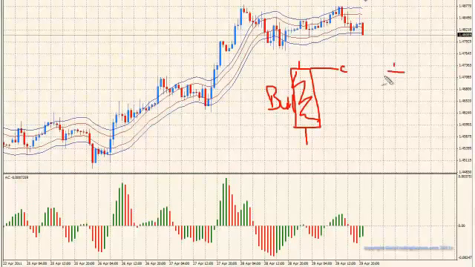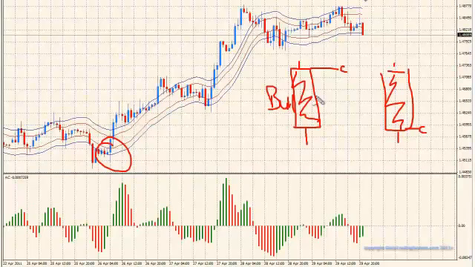If you had a sell trade opportunity coming up, you're looking for a red candle, and according to my template the close will be down the bottom. So this is a buy trade opportunity, and we're looking for the close to close inside the two lower bands, and as you can see right there, where it closes.